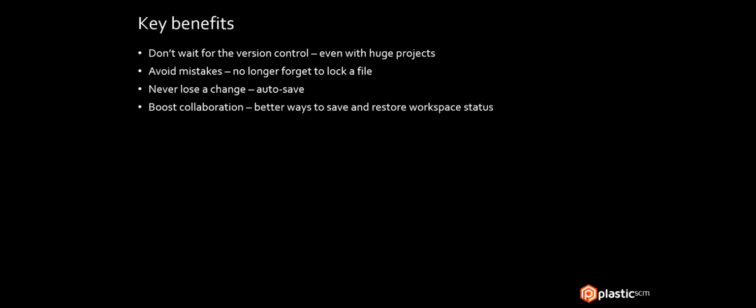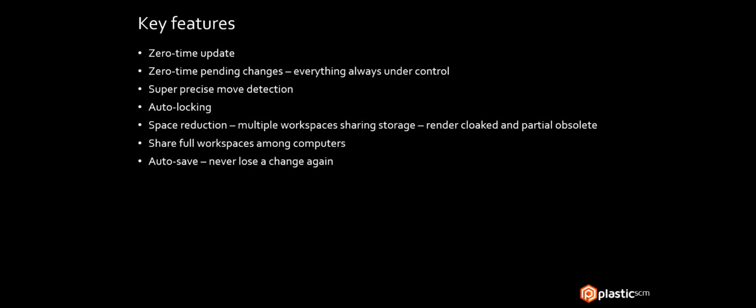Benefits. Create a new way to interact with version control. Some of the key benefits are: don't wait for the version control anymore, even with huge projects. Avoid mistakes. No longer forget to lock a file. Never lose a change with autosave. Boost collaboration. Better ways to save and restore the workspace status, and also to share it even among different computers.